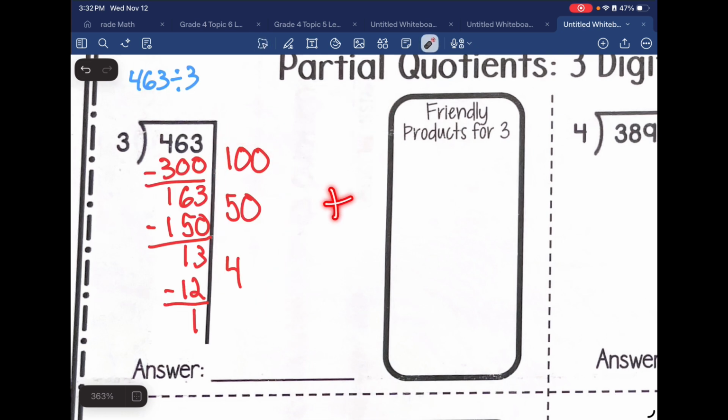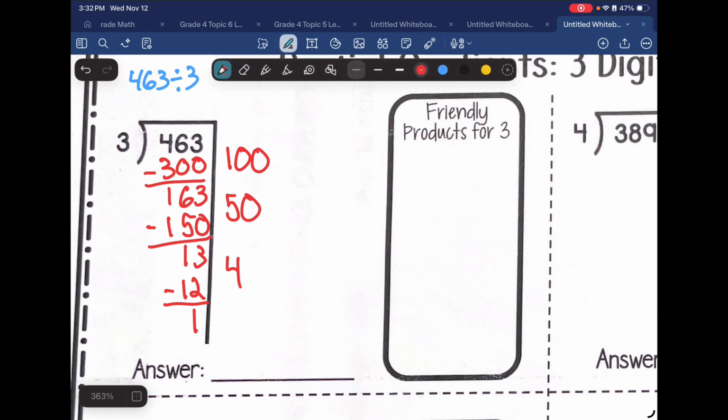We've got to just add those together the exact same way as we would partial products with a multiplication problem. So here we go. We've got 100, 50, and 4. Well, that would equal 154 with a remainder of 1. There's my answer. I'm going to say 154 with a remainder of 1.